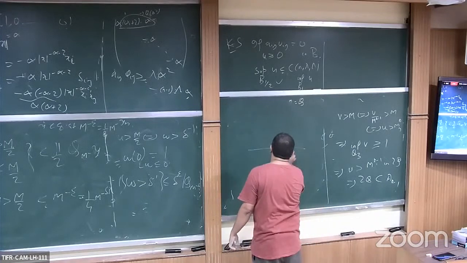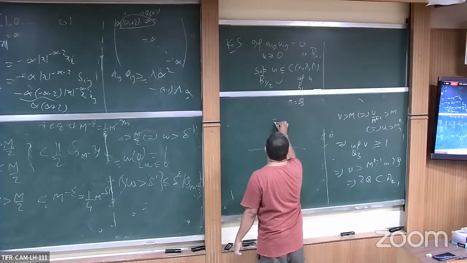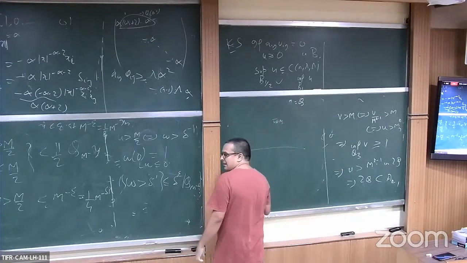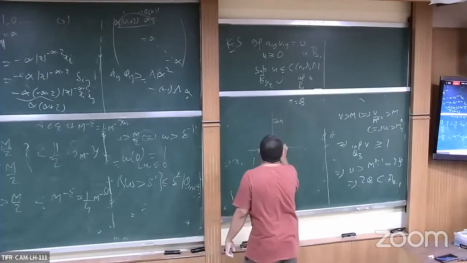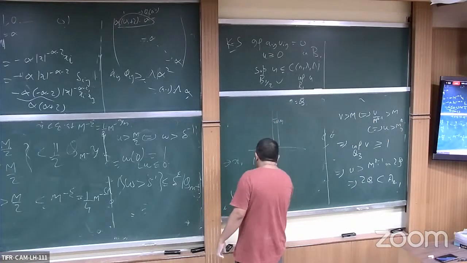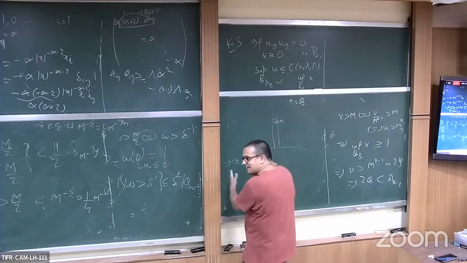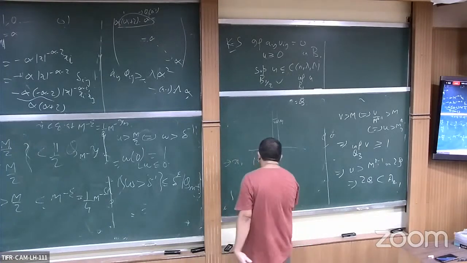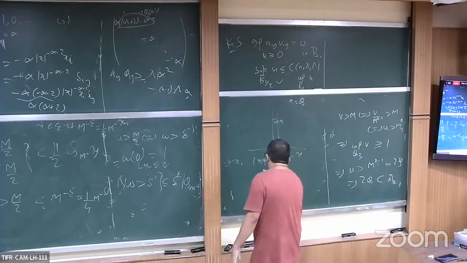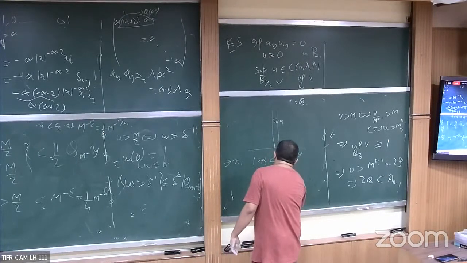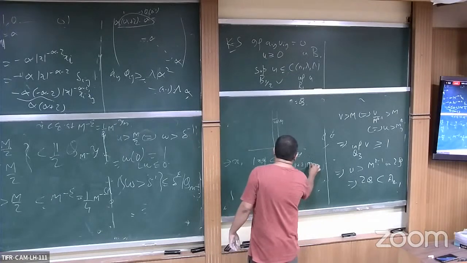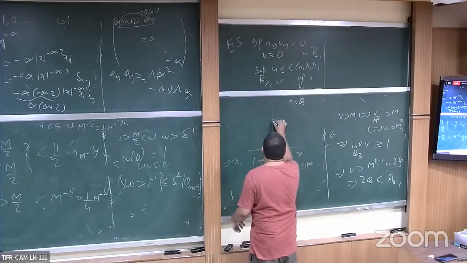So what I have is the following. I have here u of 0 is m. And then there exists some x1 in this narrow cube such that the norm of x1 minus 0 (I'm purposely writing it this way because then I will repeat the points) is less than m to the minus gamma, such that u of x1 is bigger than 1 plus delta m. So x1 is say somewhere over here.